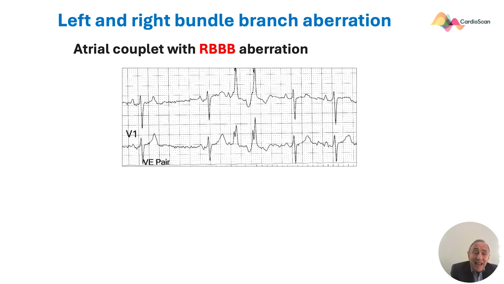And here is an example of an atrial couplet with a right bundle branch block aberration. Now it is obvious to the viewer.